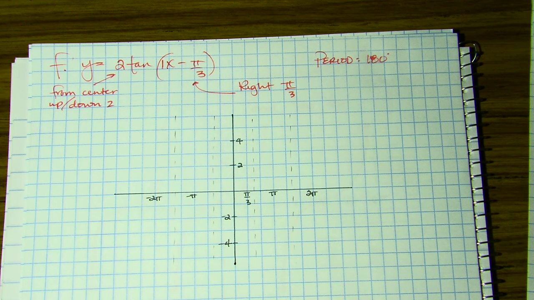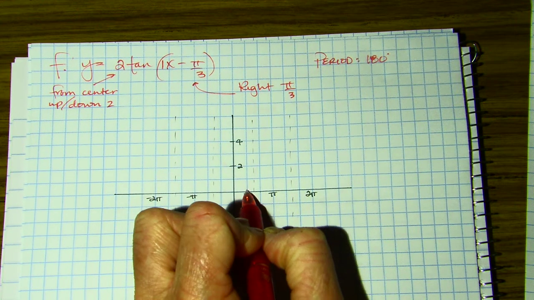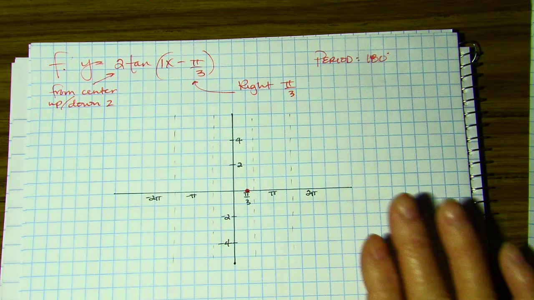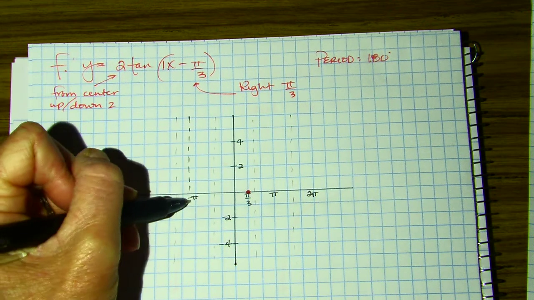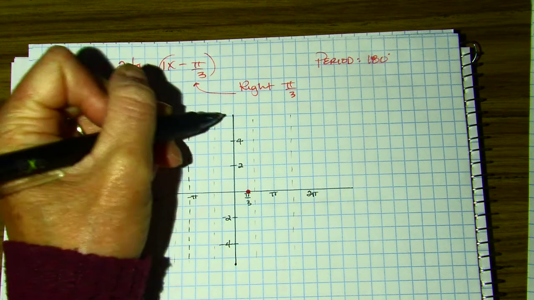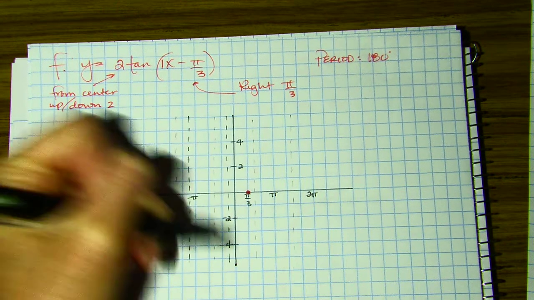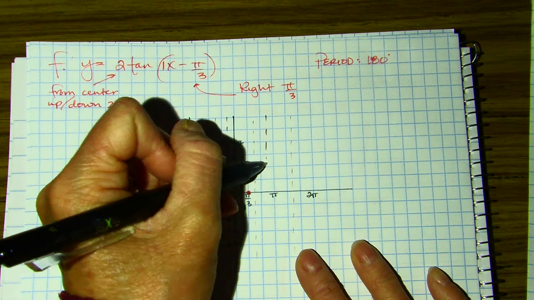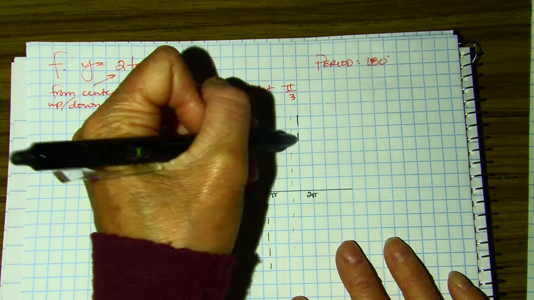But my whole graph, so here's my original point at 0, 0, is being shifted to the right pi over 3. So that is shifting everything 1 box to the right.